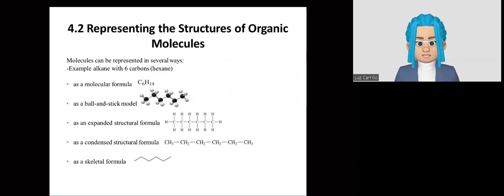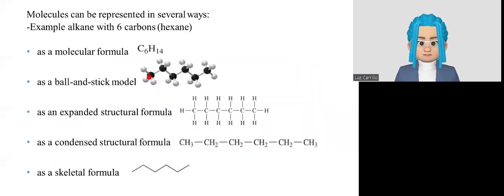At times, we can utilize computers to illustrate how the atoms in an organic compound are attached. And you can see here that in the ball and stick model, the carbon atoms are shown with these black dots. Hydrogen is illustrated by these white dots.